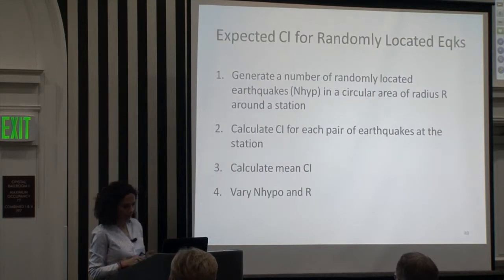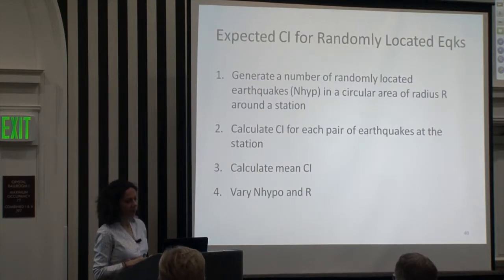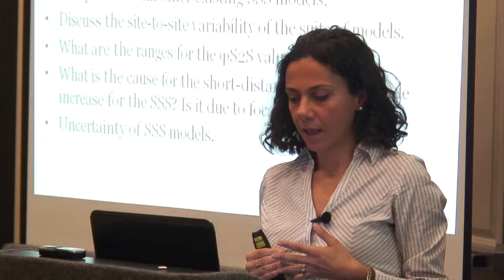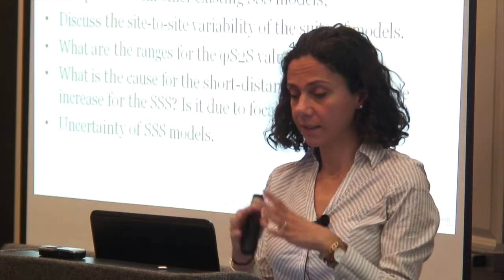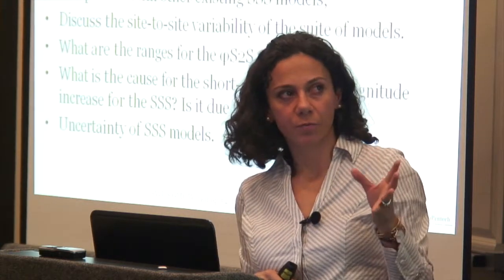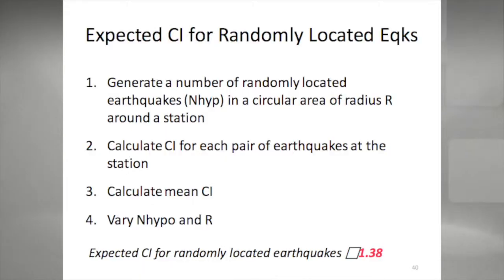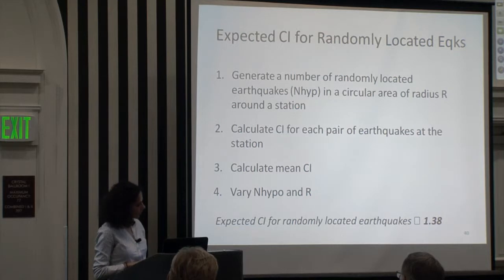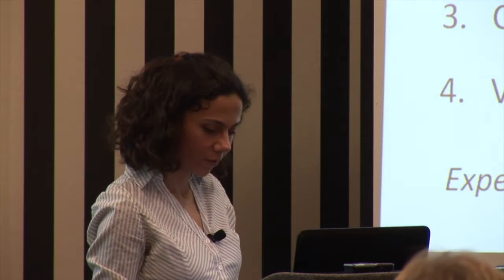For the expected closeness index for randomly located earthquakes, I generated a series of randomly located earthquakes in a circular area around a station, computed CI for each pair of earthquakes, calculated the mean CI, and repeated this for different numbers of earthquakes and different distances around the station to see how stable this number is. Basically, this comes out to be about 1.38.